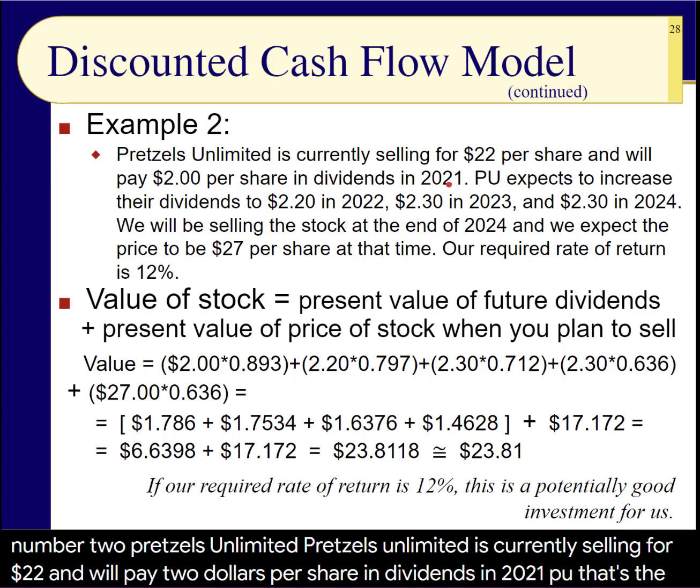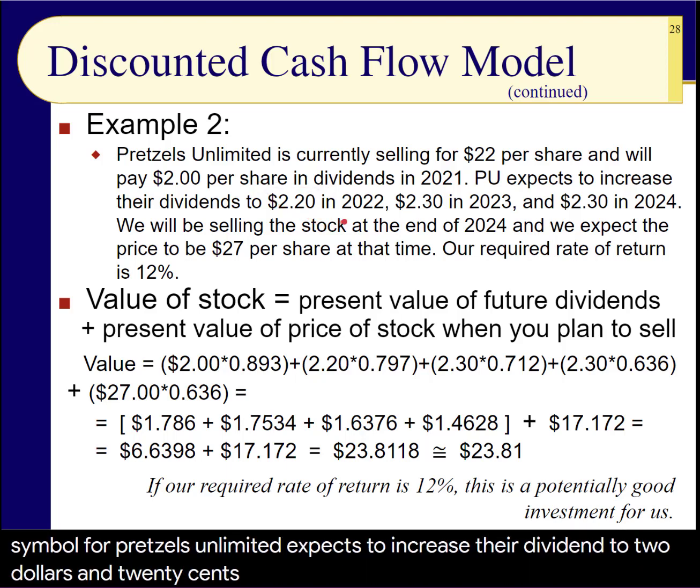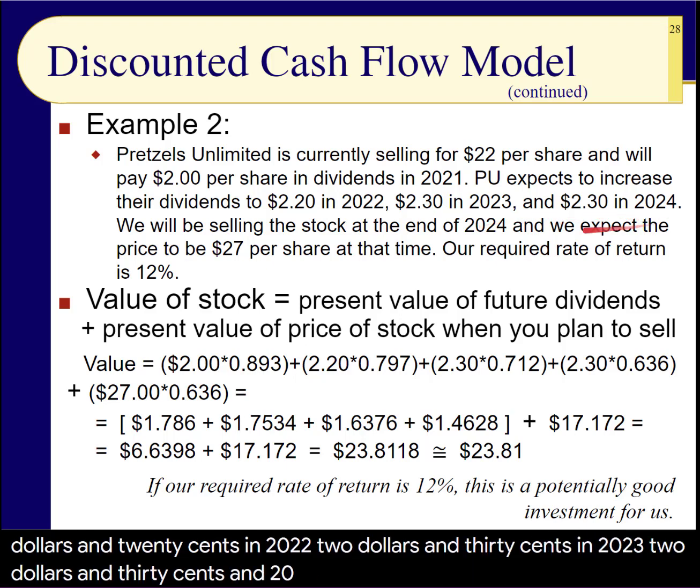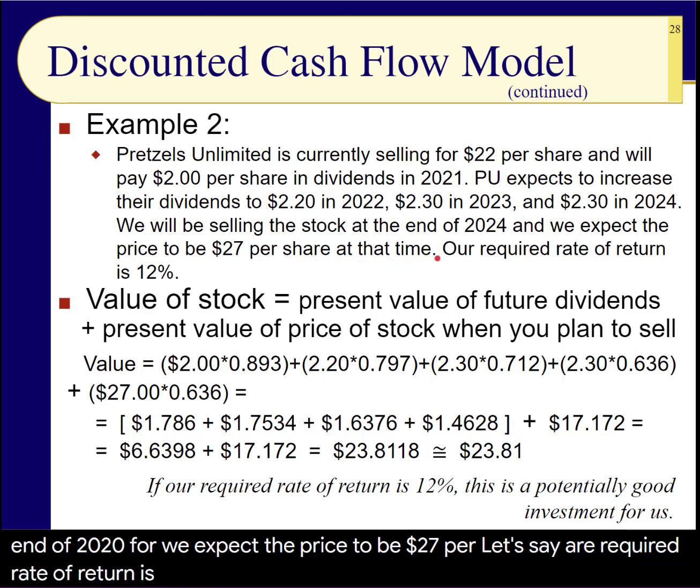PU, that's the symbol for Pretzels Unlimited, expects to increase their dividend to $2.20 in 2022, $2.30 in 2023, $2.30 in 2024, and we will be selling the stock at the end of 2024. We expect the price to be $27 per share at that time. Let's say our required rate of return is 12%.